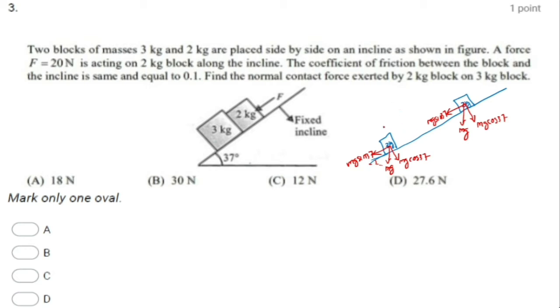Next, there will be a normal reaction force acting upward on the 3 kilogram block, which will definitely be different from the 2 kilogram. So we can write here N1, and here also there will be a normal reaction force, which we can write as N2. What other forces are acting here?